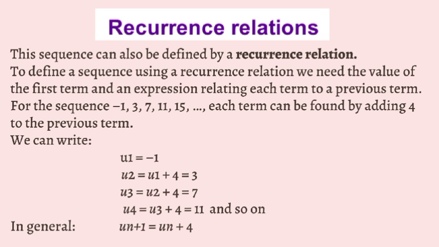We can write U1 equals -1, U2 equals U1 plus 4 equals 3, U3 equals U2 plus 4 equals 7, U4 equals U3 plus 4 equals 11, and so on. In general, Un plus 1 equals Un plus 4.